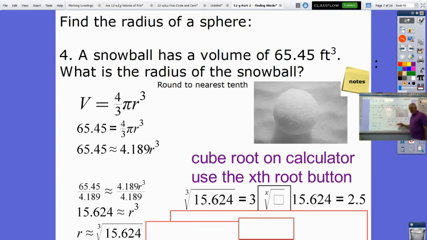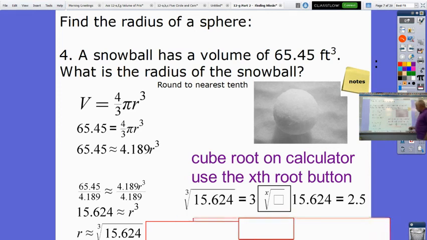However, before you hit this button, you have to tell the calculator what you want x to be, because there's also such a thing as a 4th root, a 5th root, a 6th root. So you have to tell it you want the cube root by typing a 3 first. That's what this x is going to be. Then second caret, the xth root button, and then the number you want to find the cube root of. Okay, so it's kind of complicated.